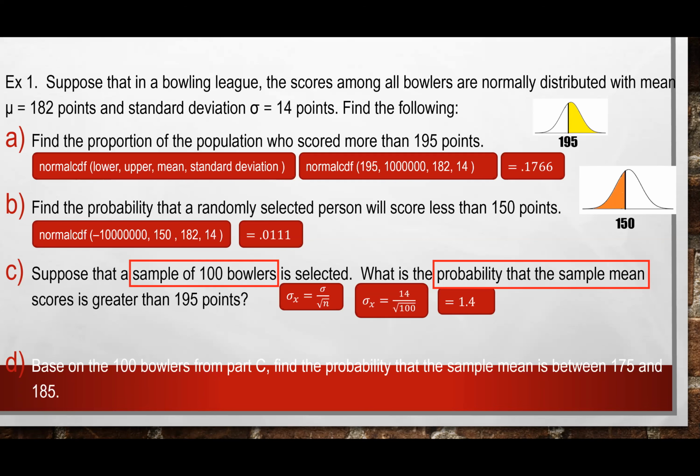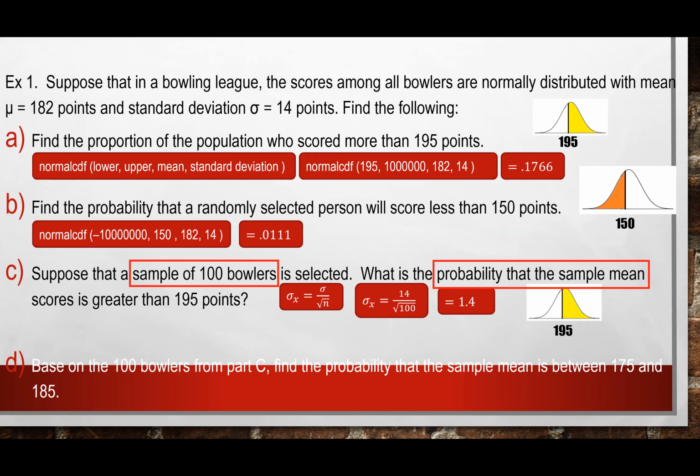Okay, so because they give us a sample, this is what you need to do. Anything that we do with a sample, we need to adjust the standard deviation. Once we adjust it, the only thing different is we use 1.4 instead of 14. If you look at A and C, we have exactly the same structure.